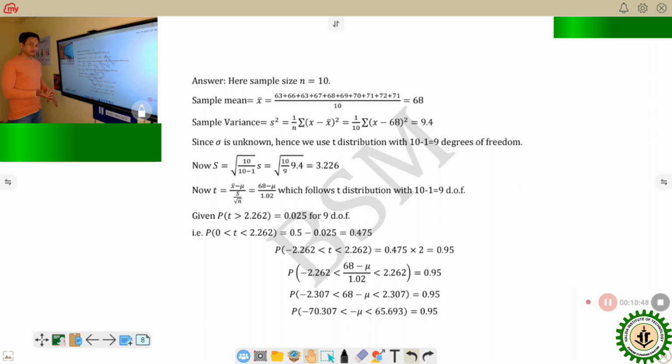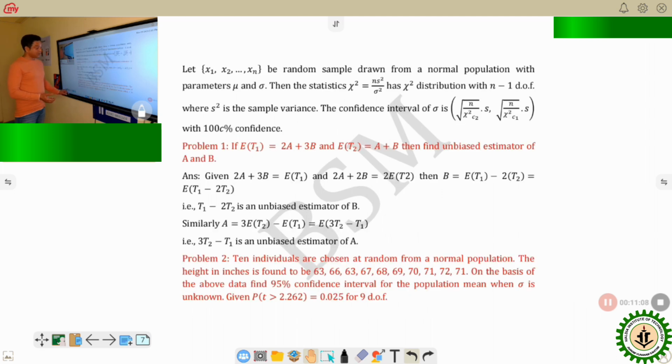The distribution is also symmetrical about the y-axis. So 0.5 minus 0.025 is 0.475. Now double it, from minus 2.262 to 2.262, equals 0.95. So this is the probability you have to write on the right side for finding the 95% confidence interval.